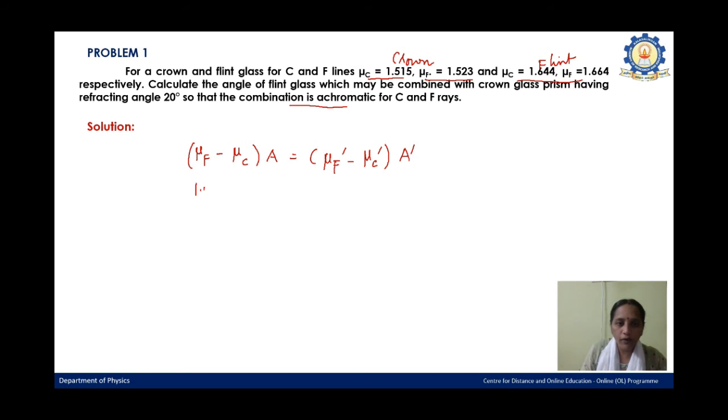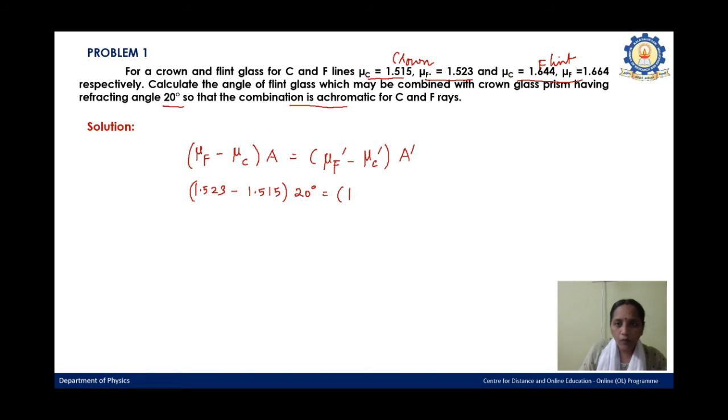So mu F is 1.523, mu C is 1.515. The angle of the prism for crown glass prism is given, the value is 20 degrees.